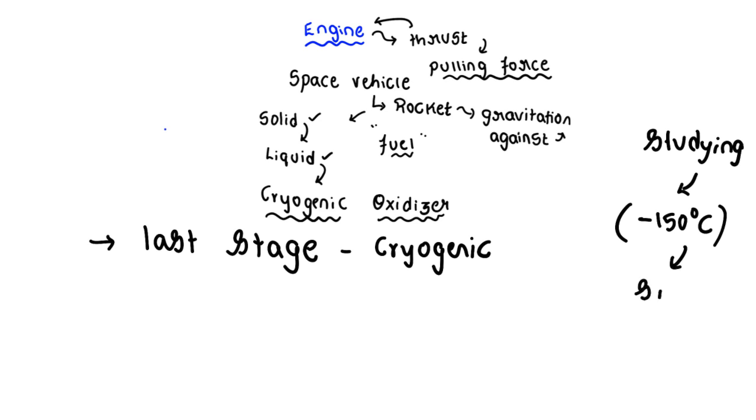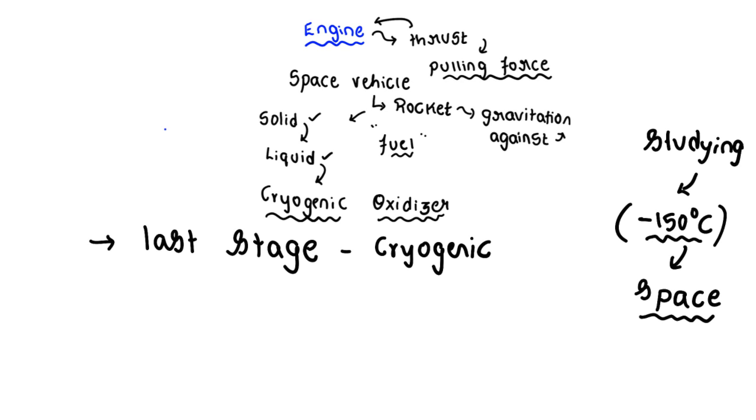If something is equipped with minus 150 degrees Celsius, it can survive in the space without any objections. Clear? When the same rocket enters into the space, the fuel should not get solidified, or it should not be liquidated. It has to be maintained at minus 150 degrees Celsius. So to achieve this, it needs to be in cryogenic condition.